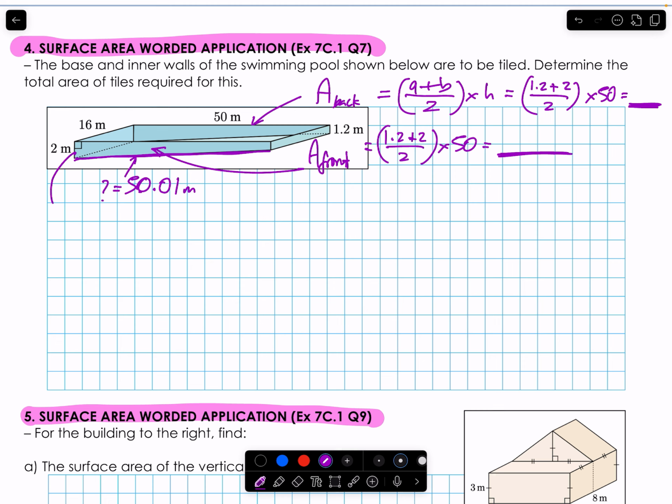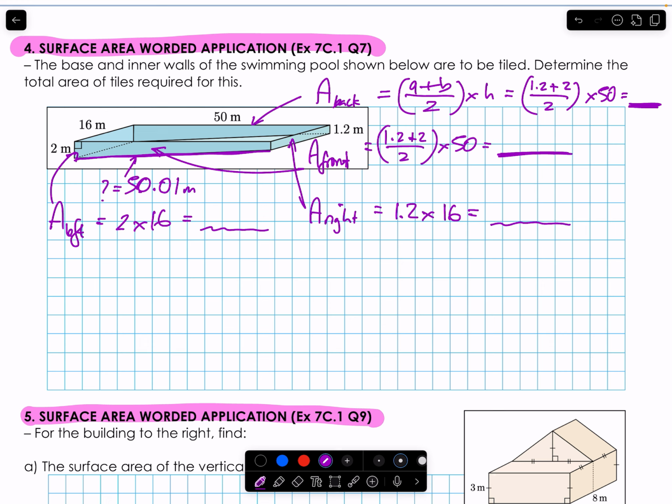So now let's set you up for the area of the left. The area of the left is a rectangle. It's 2 by 16 equals, find the answer, squiggly line. Area of the right is going to be, it's 1.2 tall, 1.2 times by how wide? 16 equals another squiggly line.